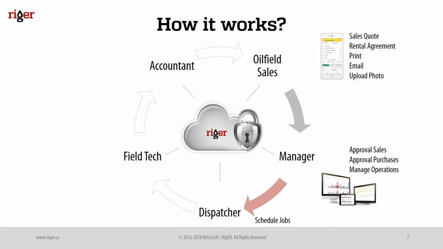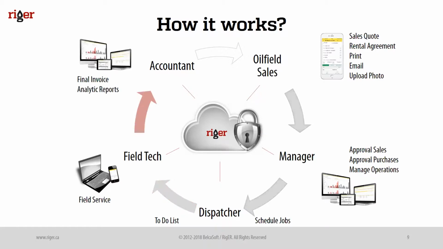The dispatcher can see what's available, all the resources, and assign tasks to the field technician. So the field technician will receive a to-do list and understand what needs to be done and when. And after that, when the job is done, the field technician sends the information back to the dispatcher for approval, and after the approval, everything goes to the accountant for final invoicing and analytic reports.